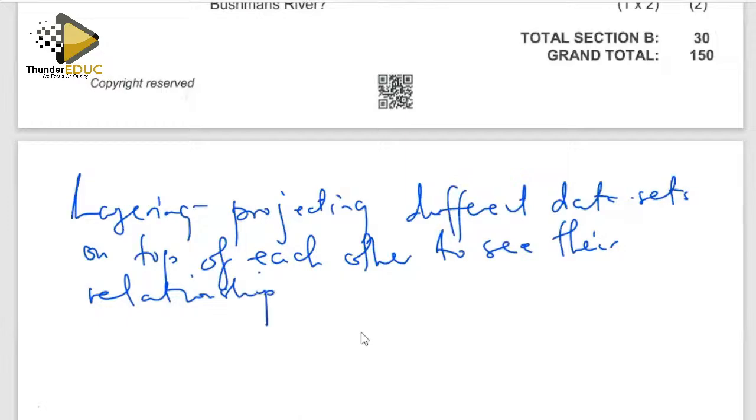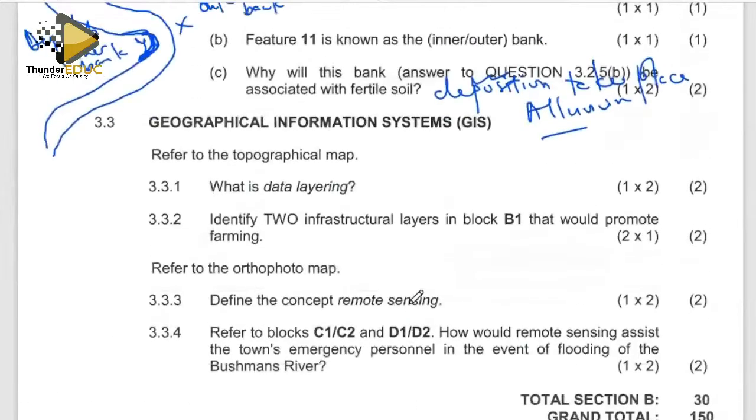We can compare different data sets, maps of different data sets by projecting them one on top of another to show how they relate to each other. That is data layering. Then identify two infrastructural layers in block B1 that would promote farming.